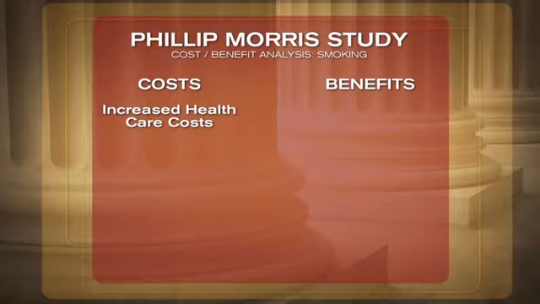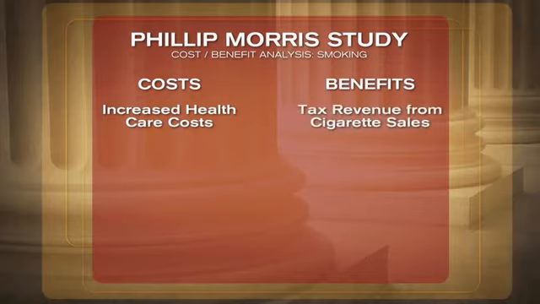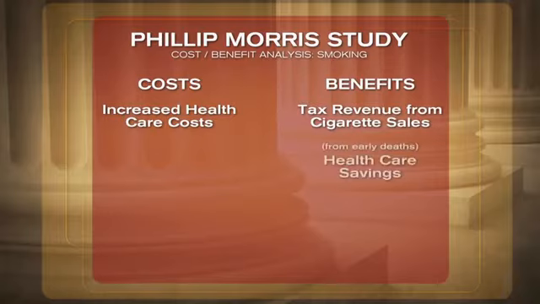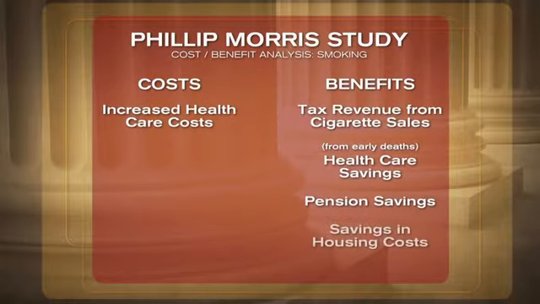The positive effects included, for the most part, various tax revenues that the government derives from the sale of cigarette products, but it also included healthcare savings to the government when people die early, pension savings, you don't have to pay pensions for as long, and also savings in housing costs for the elderly.